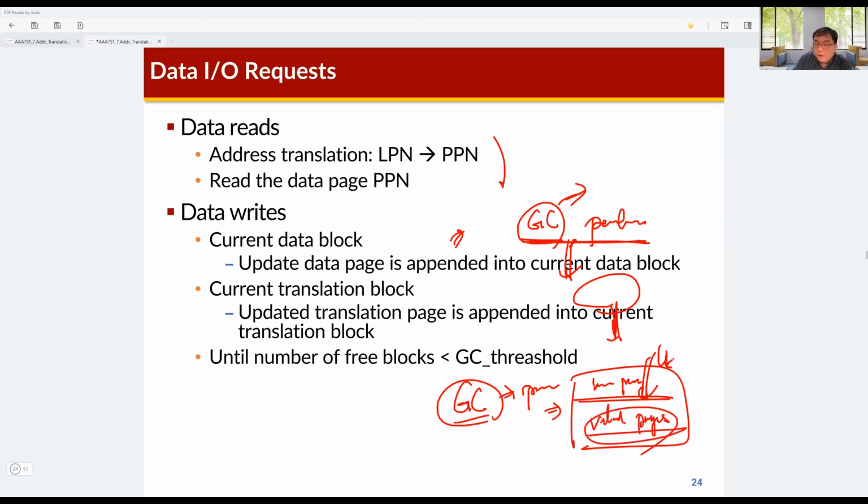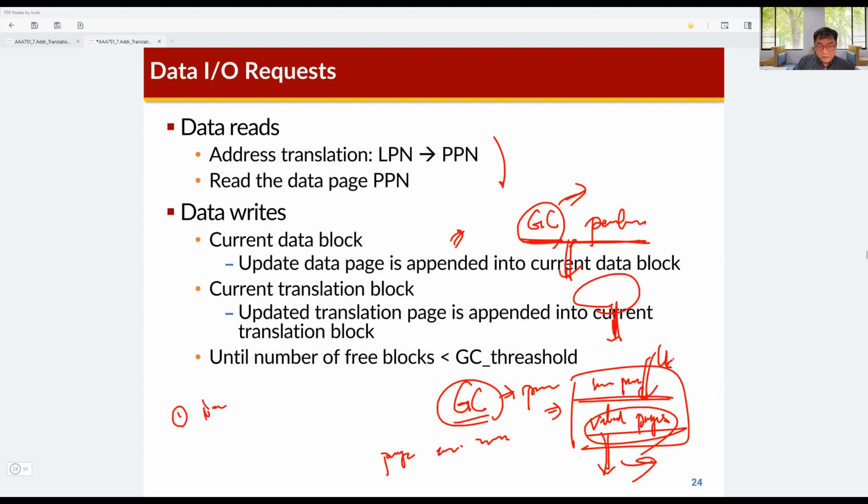So when the garbage collection is performed, these valid pages should be moved to other empty pages. That means that the page translation information should be updated.